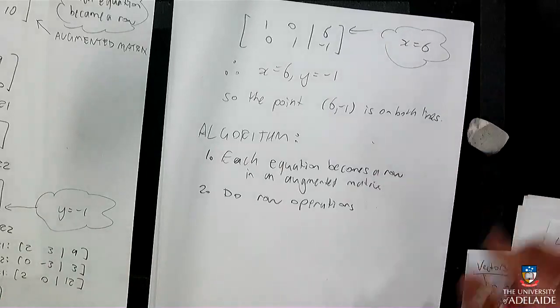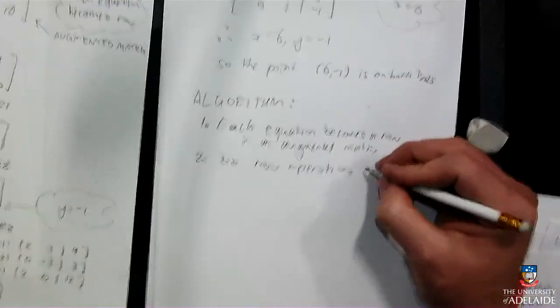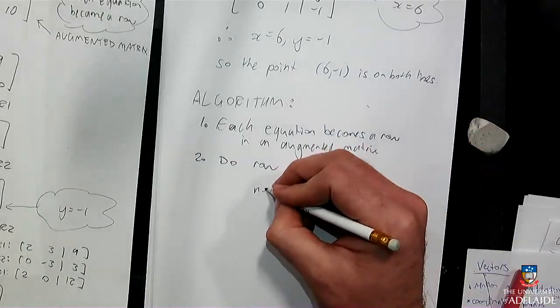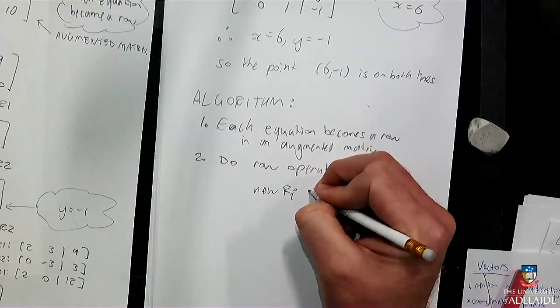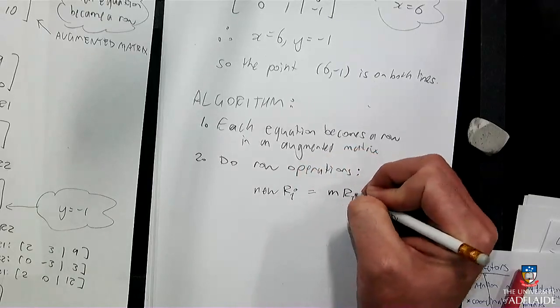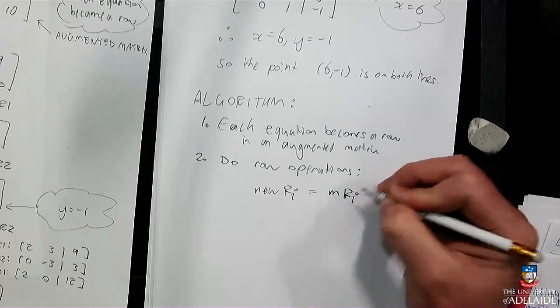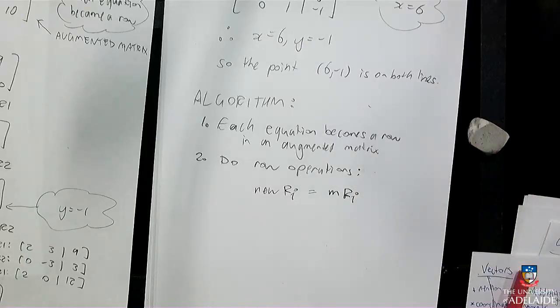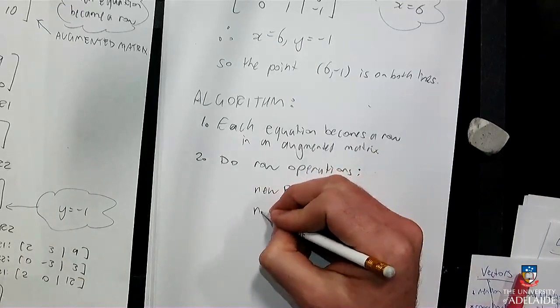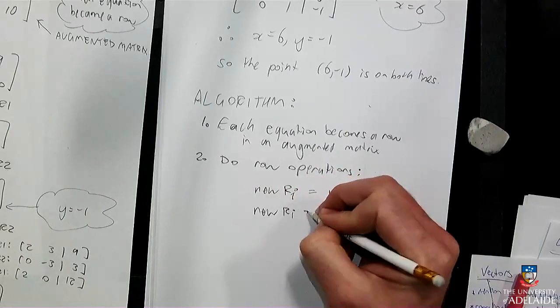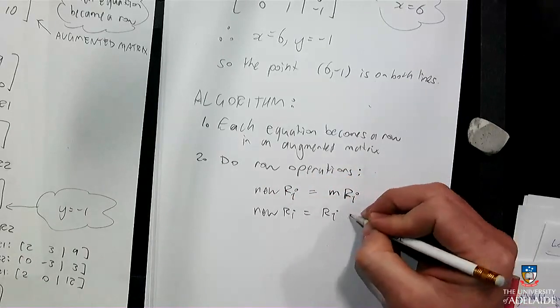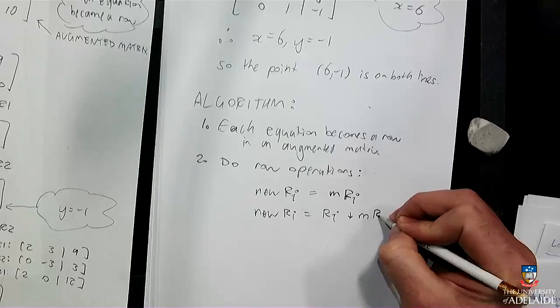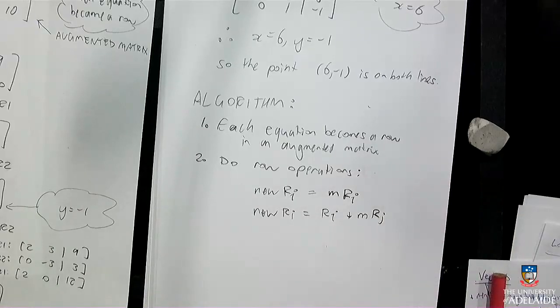The row operations that are allowed are: new row I is some multiple of the old row I, where I is whichever row you're doing. New row I is the old row I plus some multiple of some other row, or minus, doesn't really matter, but then the multiple is just negative.